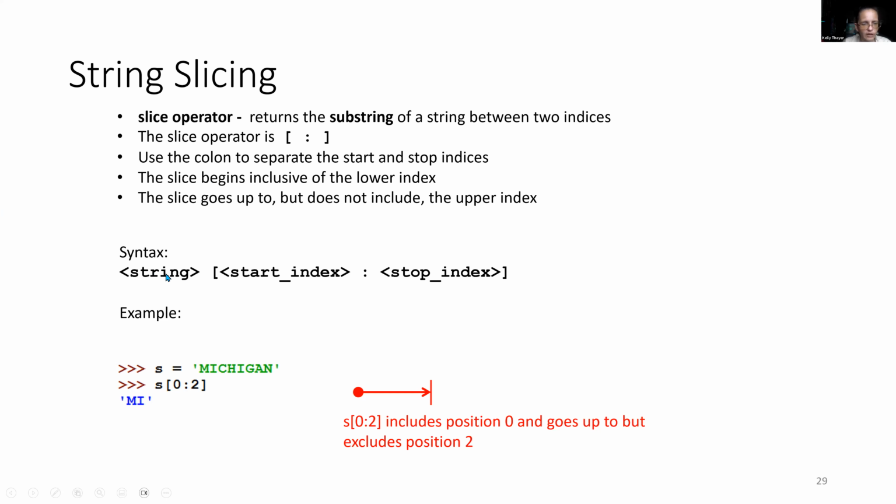So here's our string. And then we have our square brackets, and we have a start index, colon, and a stop index. So let's let our string be Michigan, and then we could say S of 0 up to, but not including 2. Now I'm going to use this little ray right here, and I'm going to harken back to some notation that you may have seen in your math. And that is that on the number line, did you ever indicate which solutions are included in an inequality or something like that?